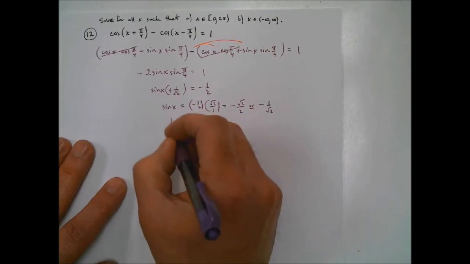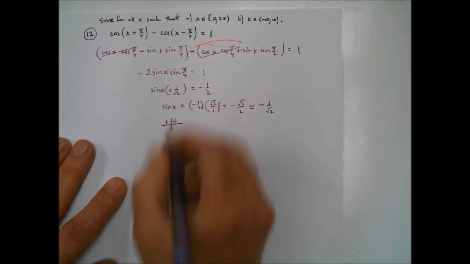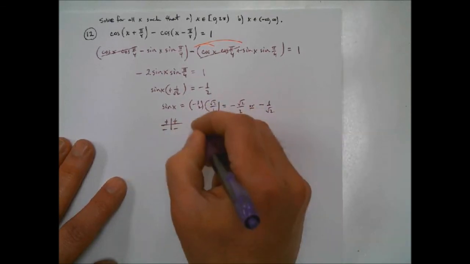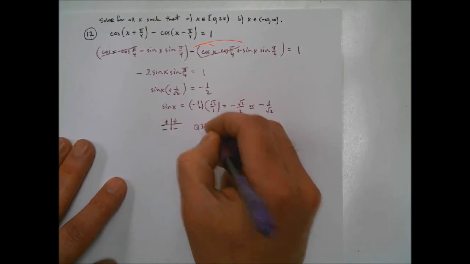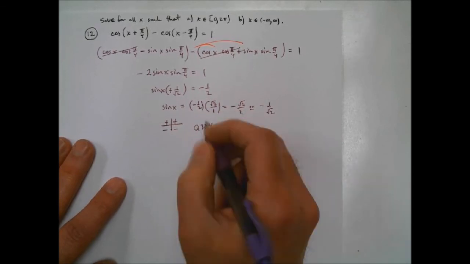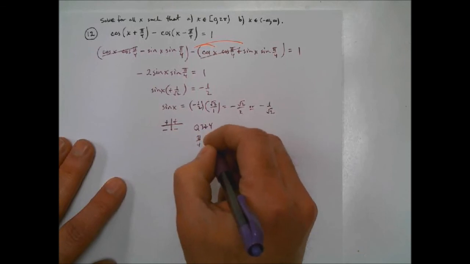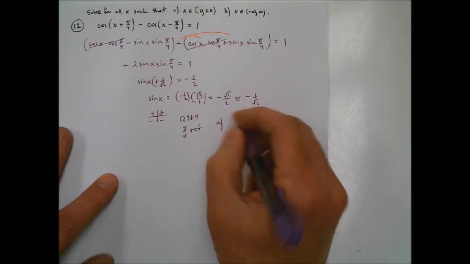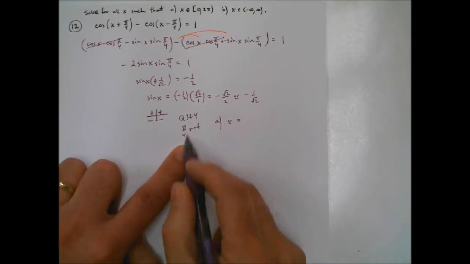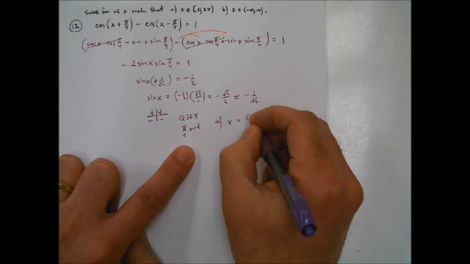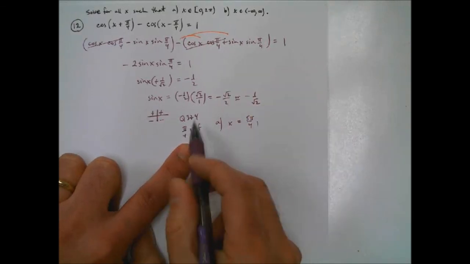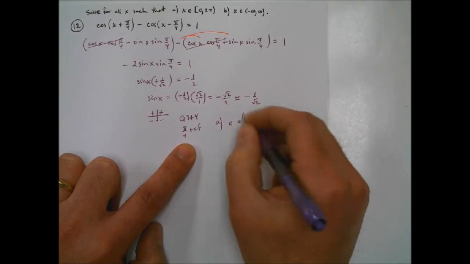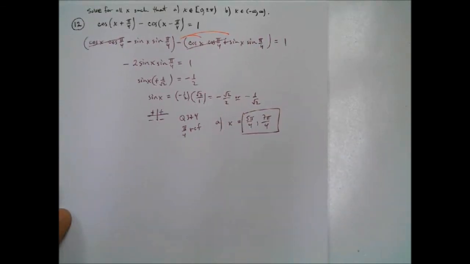So we know that sine is positive in quadrants 1 and 2, negative in quadrants 3 and 4, so it's quadrants 3 and 4. And 1 over root 2, that's a pi over 4 reference. And so part A, x, quadrant 3, pi over 4 reference, 5 pi over 4. Quadrant 4, pi over 4 reference, 7 pi over 4. So there's the answer to part A.